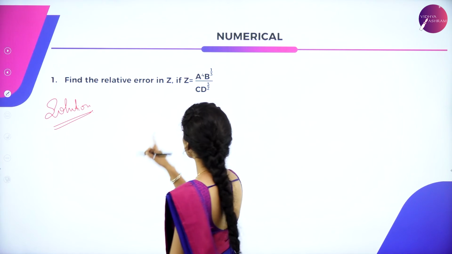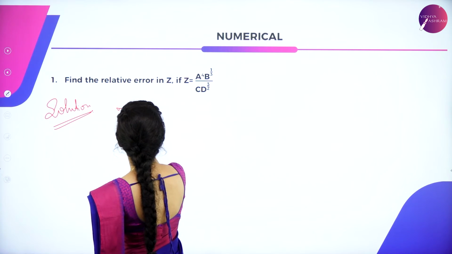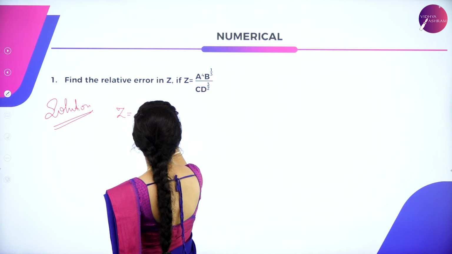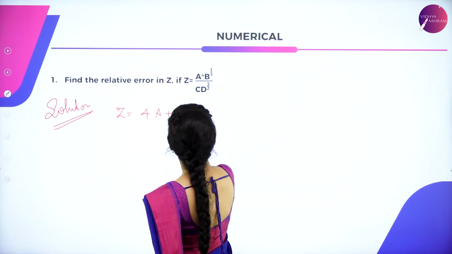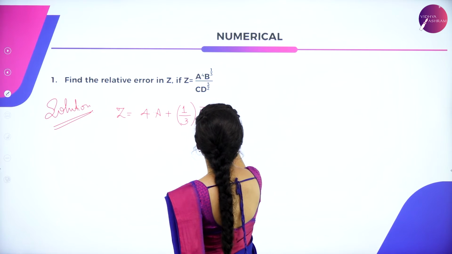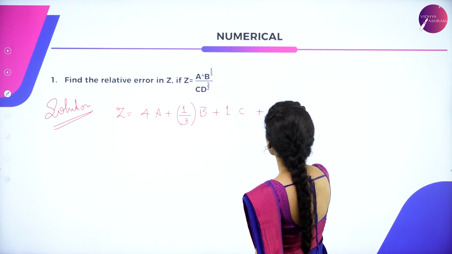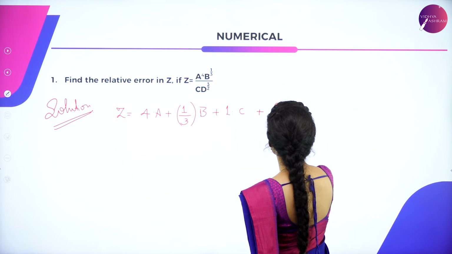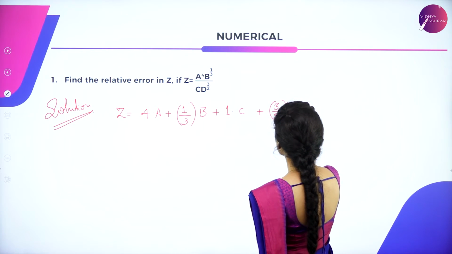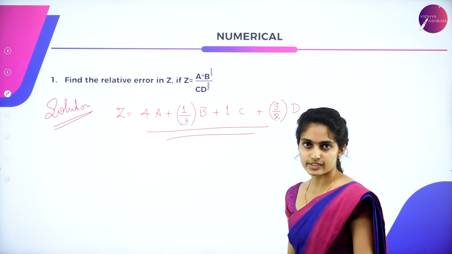According to the previous rule, it is k times the individual quantity. So Z can be written as 4 into A plus 1 by 3 into B plus 1 into C plus 3 by 2 into D. This is what your previous rule tells you about.